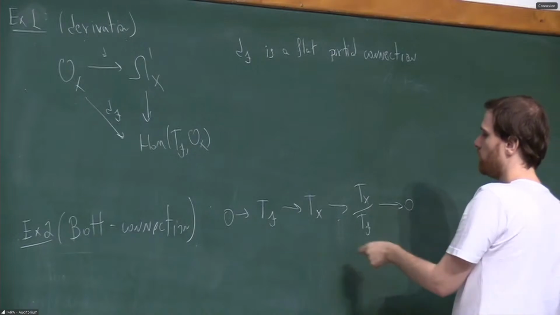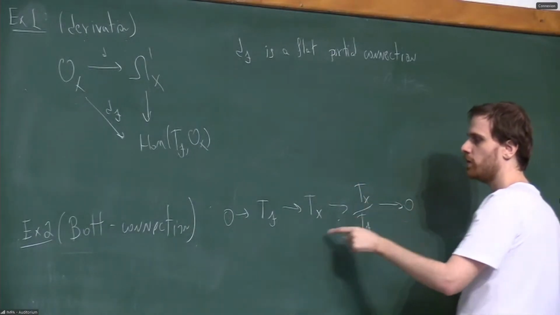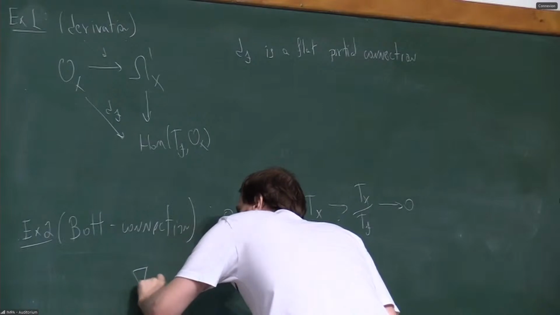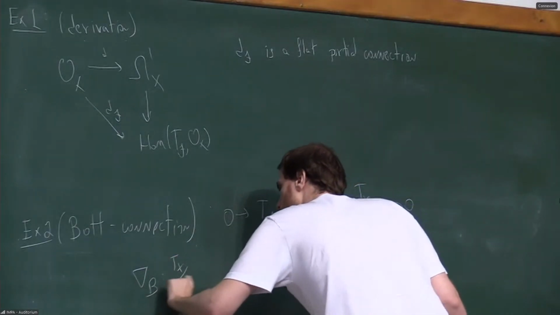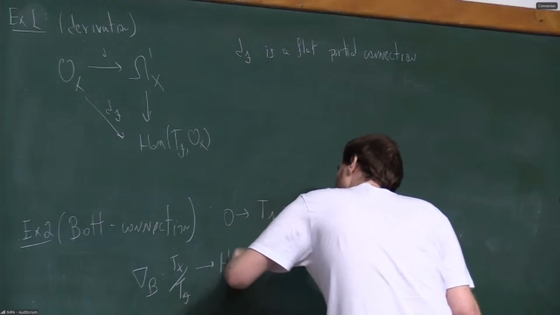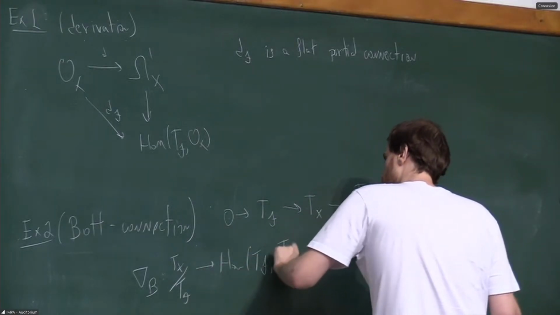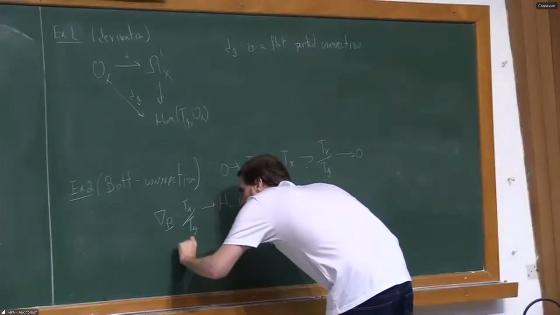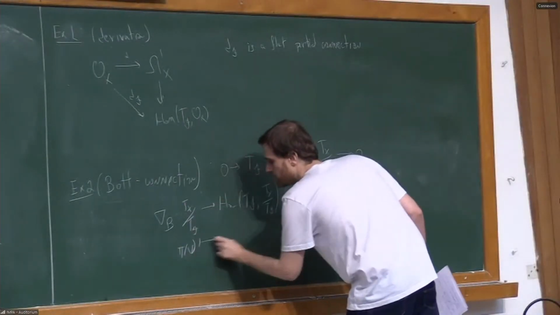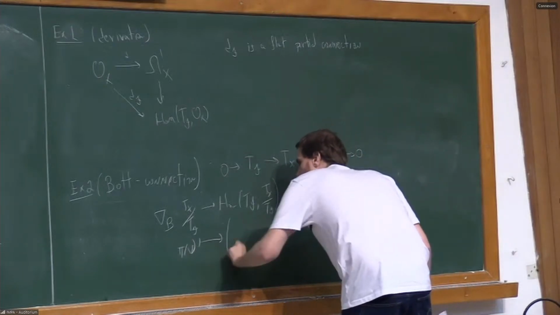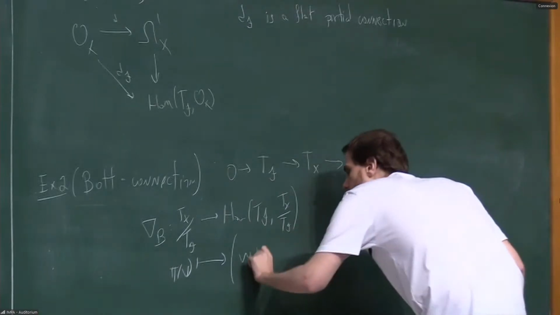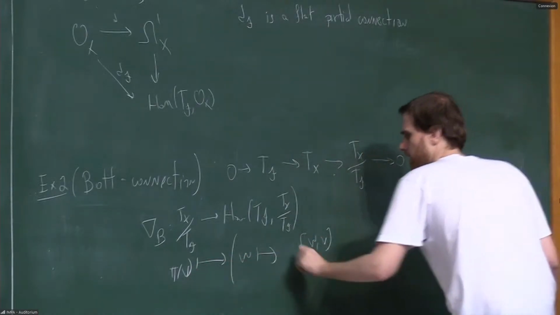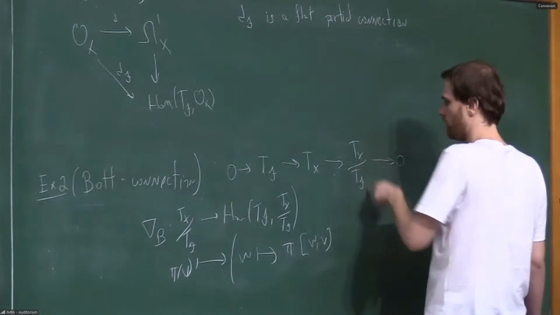This morphism is surjective, so every time we want to take a section of the quotient, we can consider a pre-image in T_X. The Bott connection on this quotient is a map that takes a section of this quotient and a vector in T_F, makes the Lie bracket of the vector with a lift of the section, and then pushes it to the quotient again.